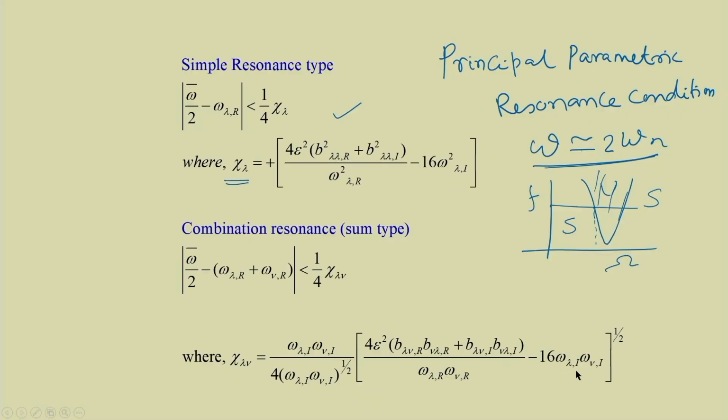For example, lambda can be 1 and v can be 2, so it will be omega 1 r, the real part of the square root of the eigenvalue for the first mode, and omega 2 r, that for the second mode. Using these two expressions, you can note them down and write your own code to derive the instability region and plot it, which becomes a transition curve.